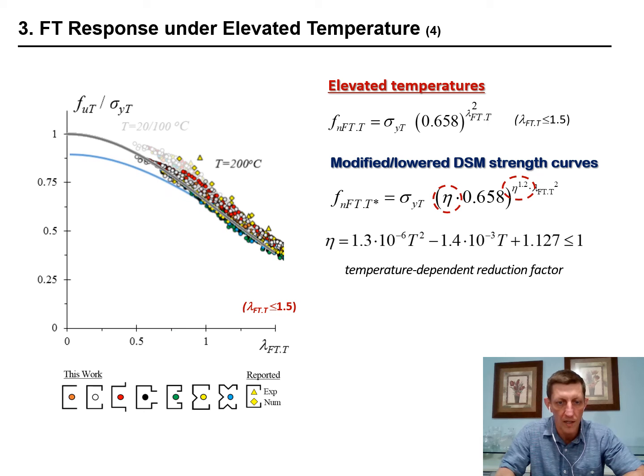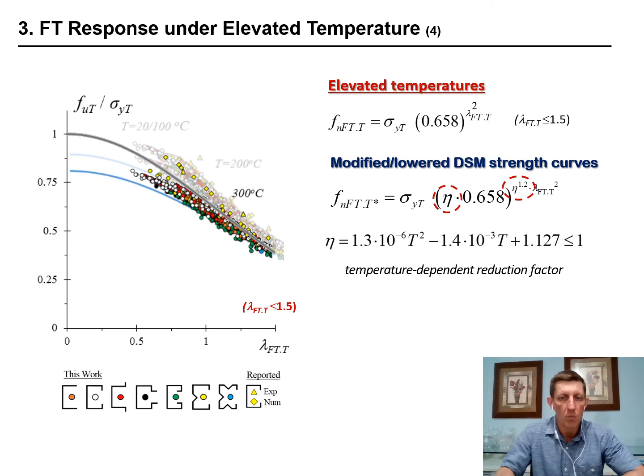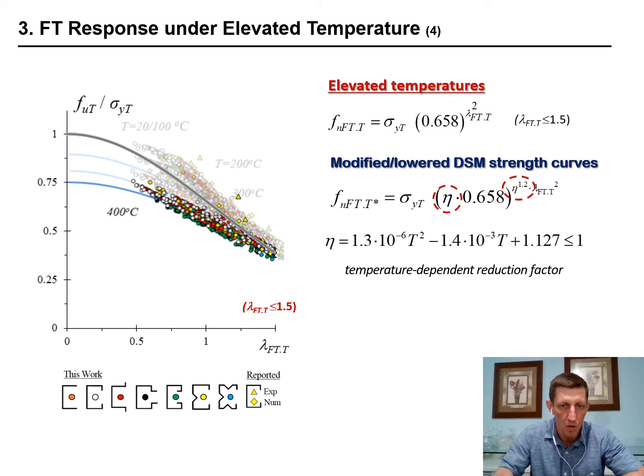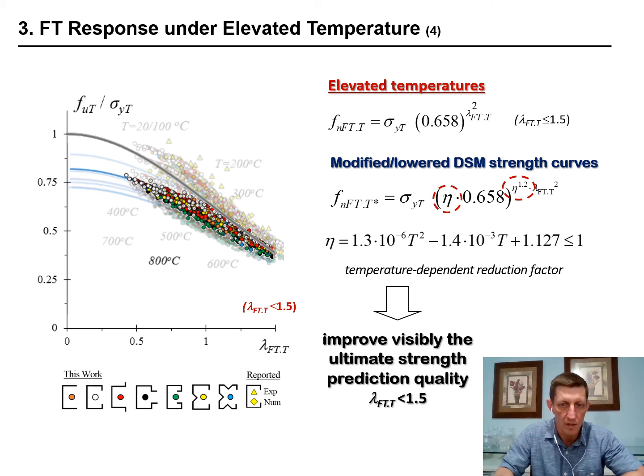the solid blue line here. Now moving to the results with 300 degrees Celsius, one can see the reduction in the strength curve. 400 degrees Celsius, similar conclusions. 500, now 600 degrees Celsius, 700, and finally 800 degrees Celsius.